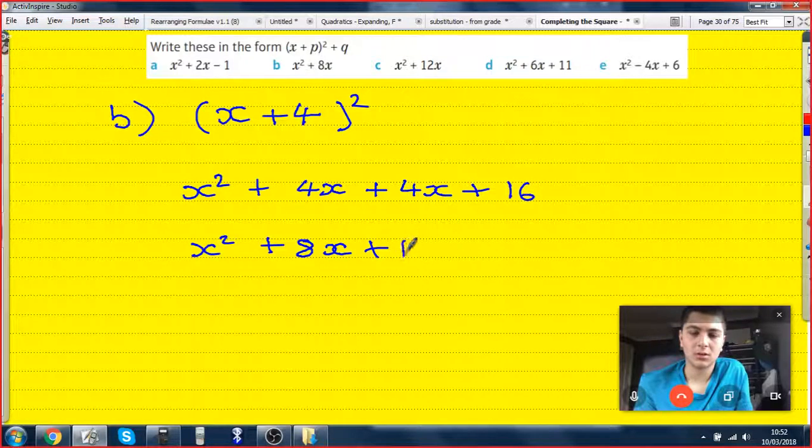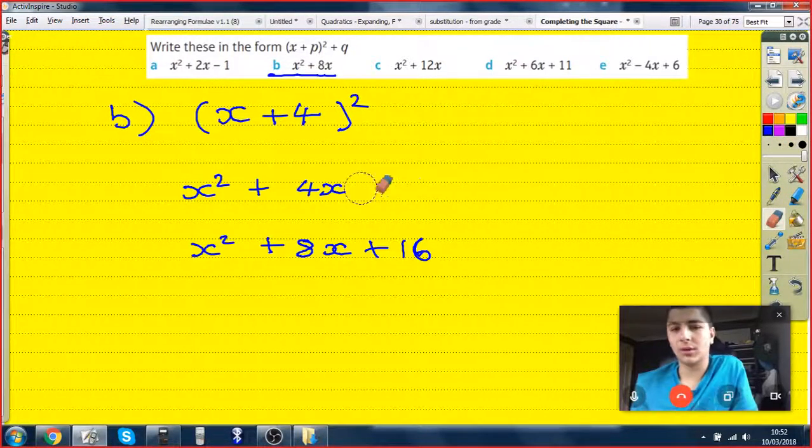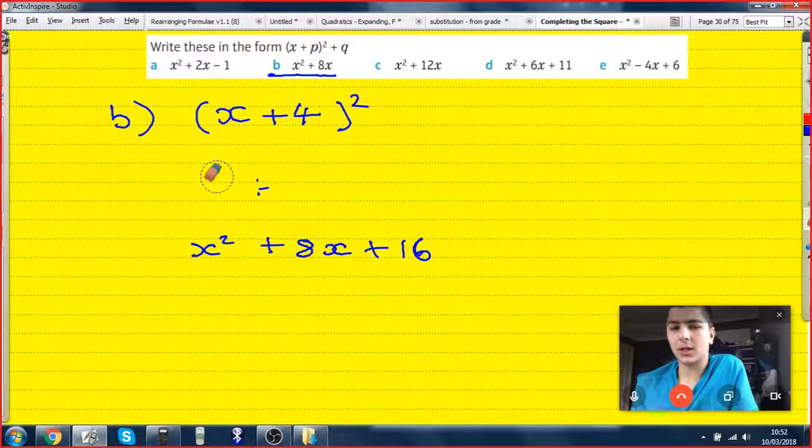So this would give us an extra plus 16. So we need to make it x squared plus 8x. So what do we have to do to make our answer work? Because we're going to get an extra plus 16. Do we have to add an extra plus 16 at the end?